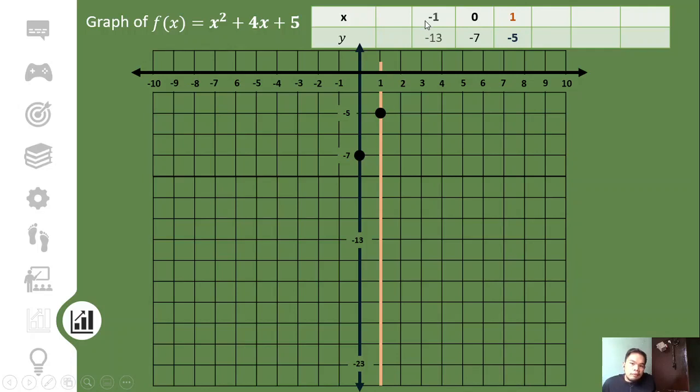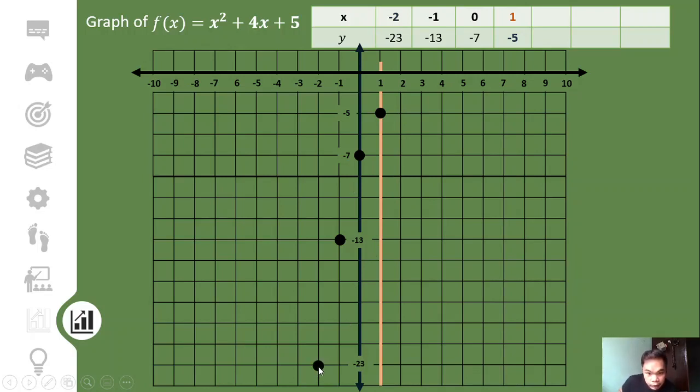Then, let's have -1, -13. So, nasan kaya yon? Okay, nandito yung -1, -13. So, ito yung -1. Ito naman yung -13. So, dito sila nag-meet. Okay, next, let's have -2 and -23, sorry.